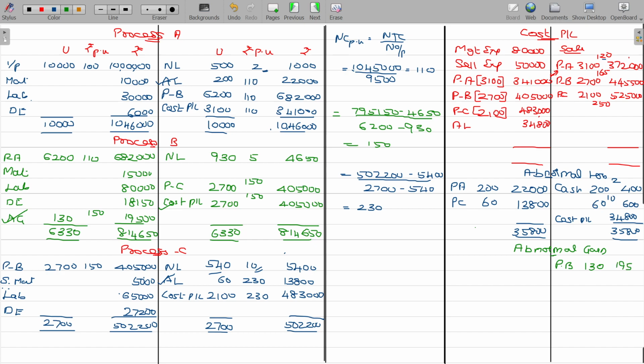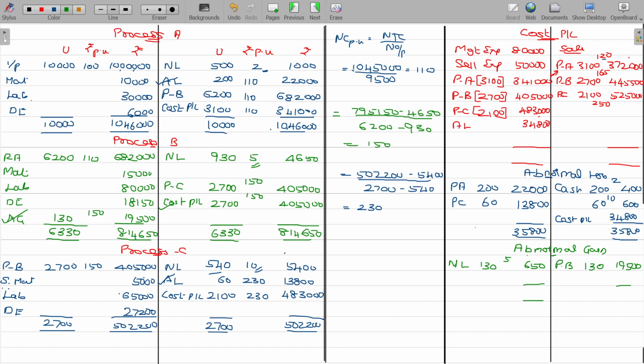As there is abnormal gain, to that extent the normal loss could have been reduced, so you have to subtract from the normal loss at the same rate. Normal loss 130, that value here being 5 rupees. You have to subtract 5 rupees. So 5 into 130 being 650 is subtracted.